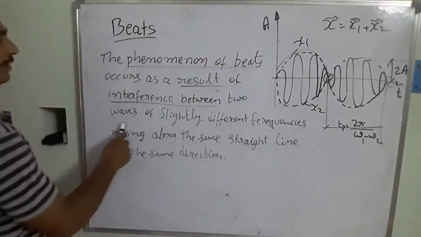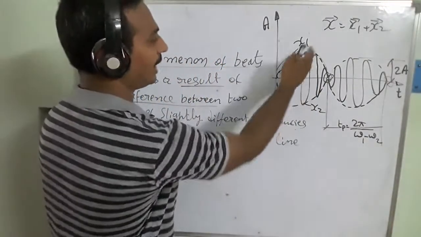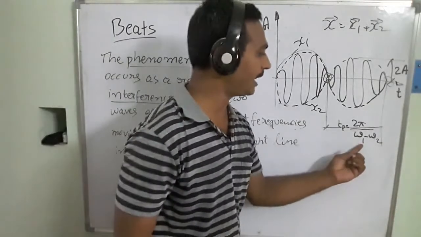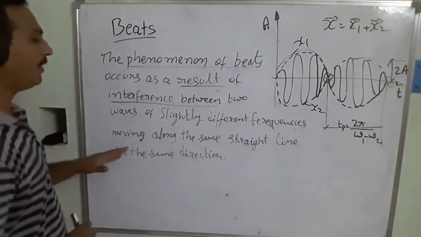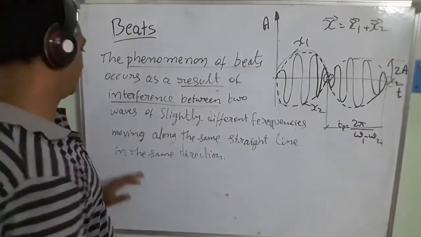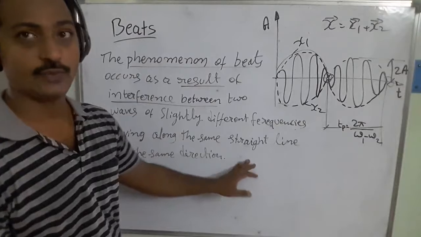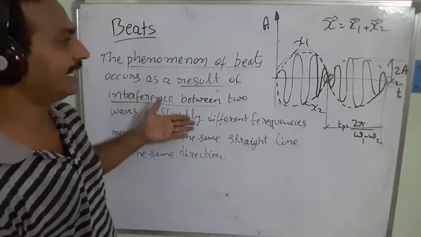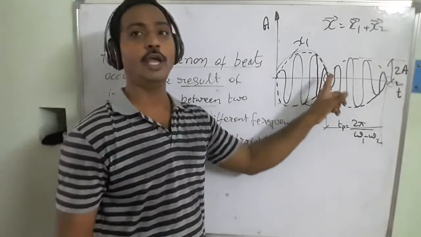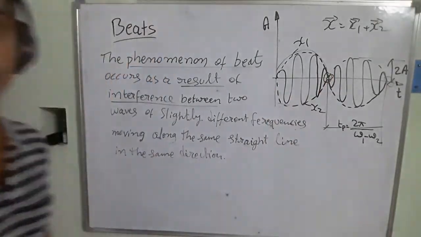The waves have slightly different frequencies, omega 1 and omega 2, moving along the same straight line in the same direction. The resultant is the interference of the two waves.